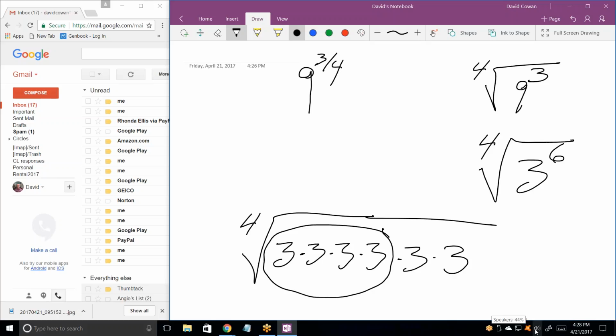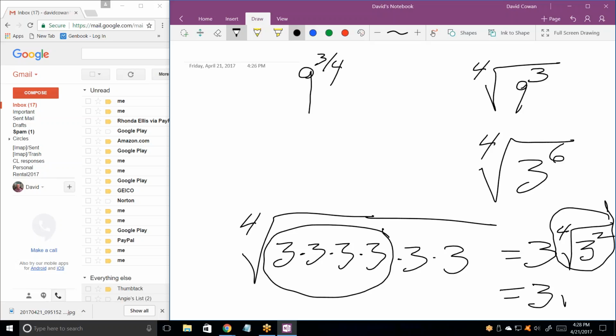So I can pull a 3 outside, and what I'm left with is the 4th root of 3 squared, which is the same as the square root of 3. In other words, that is 3 to the 2/4 power, which is 3 to the 1/2 power. So our answer is 3 square root 3.